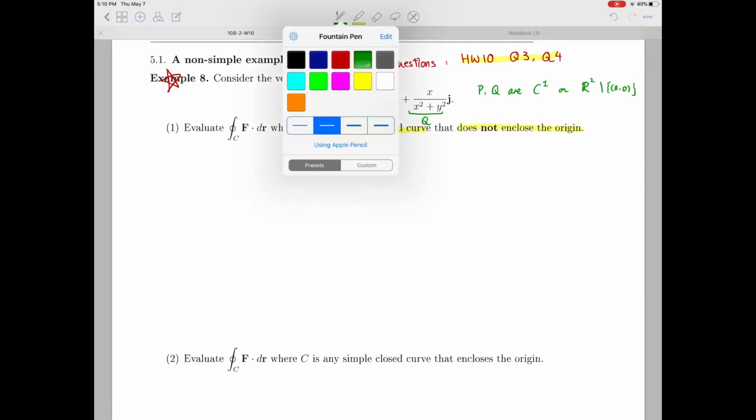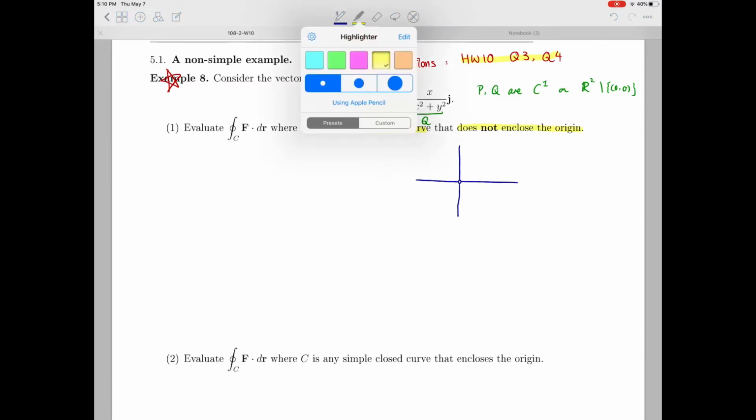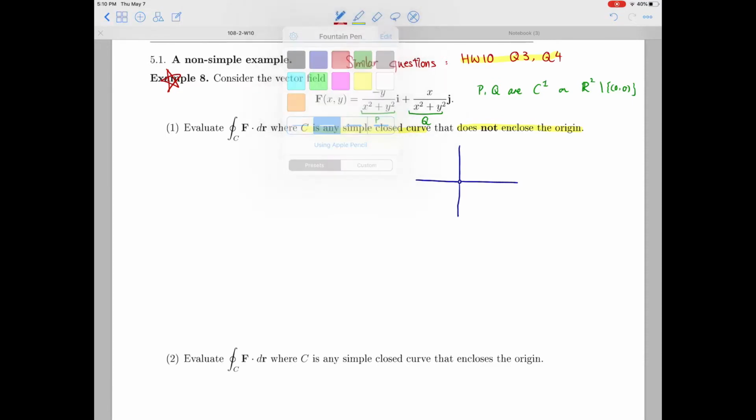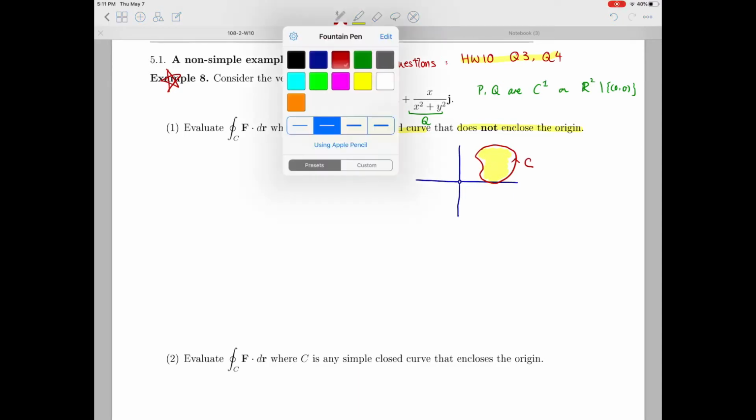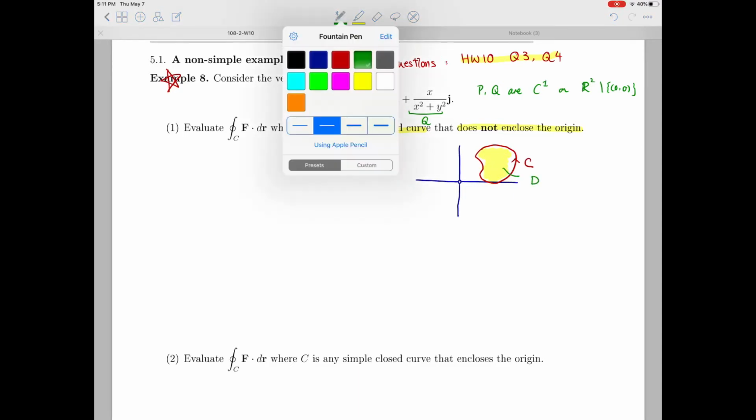not enclose the origin. So what does that mean? So you have the origin in the middle, and then what is C? C is any simple closed curve that is away from the origin. Okay? So in particular, this simple closed curve will bound a region, which I call D. Okay?